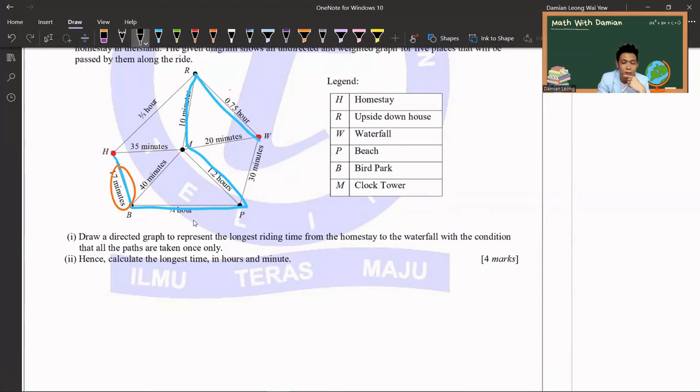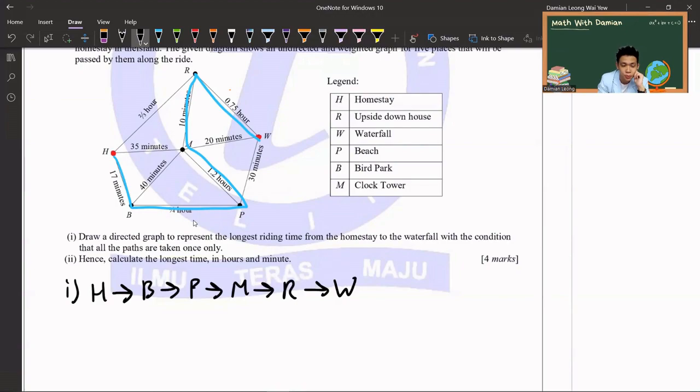Usually your question won't be like that. By right, they should also include in the question to pass through every point only once as well. Not just path taken once, but points are passed through once. Okay, so it will be H, B, P, M, R, W.